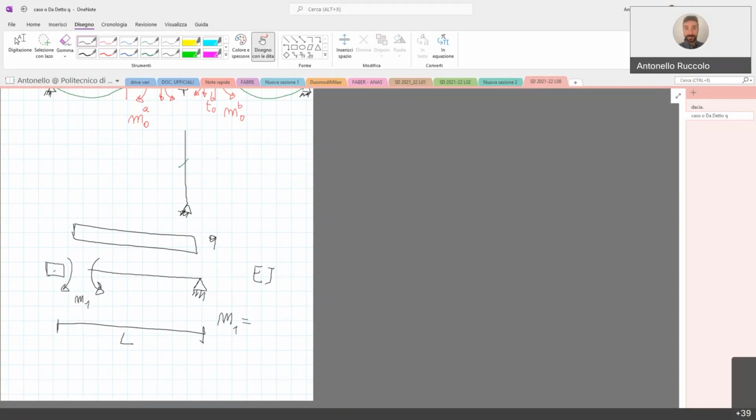obviously, not P, but Q. So it will be QL squared over 8. And then we also have T1, but we can also consider T2.